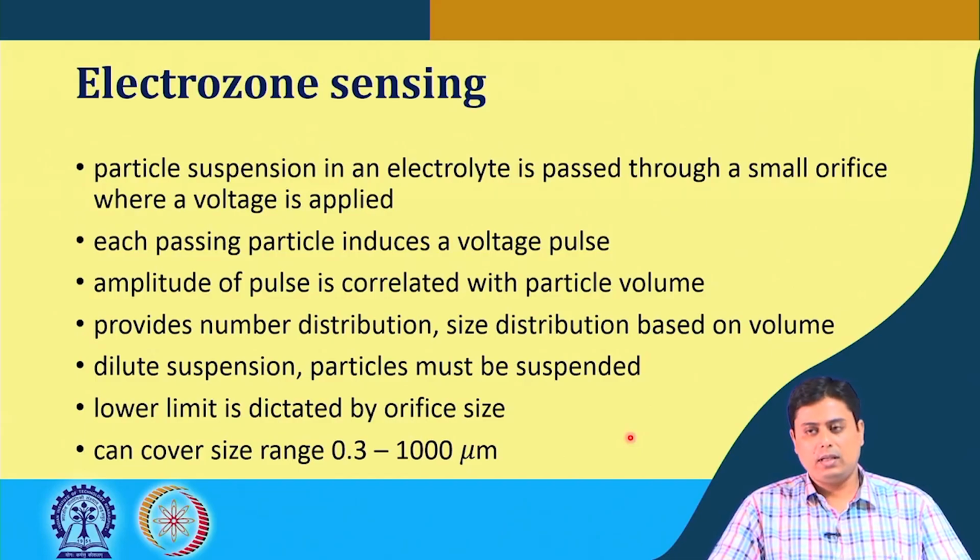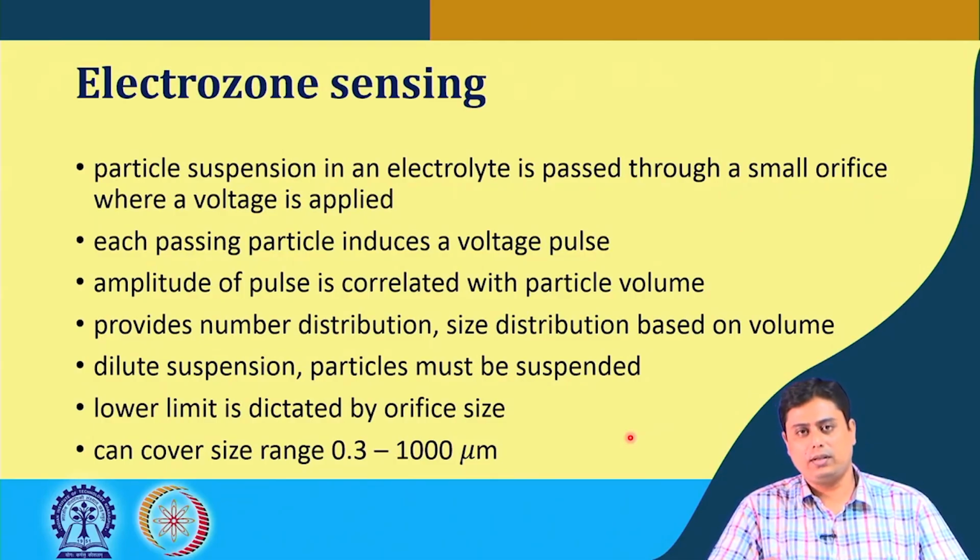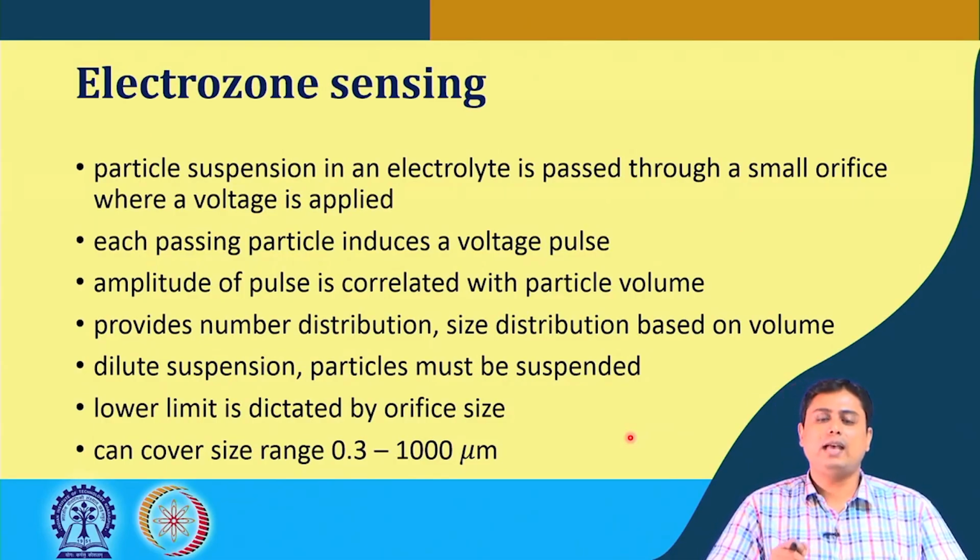So, when there is electrolyte and a constant supply of voltage, the electrolyte imparts some resistance. Now, when a particle passes through that orifice during this withdrawal of the suspension, the particle displaces some electrolyte to go through that orifice, and since electrical voltage is applied across that orifice, it creates a voltage pulse.